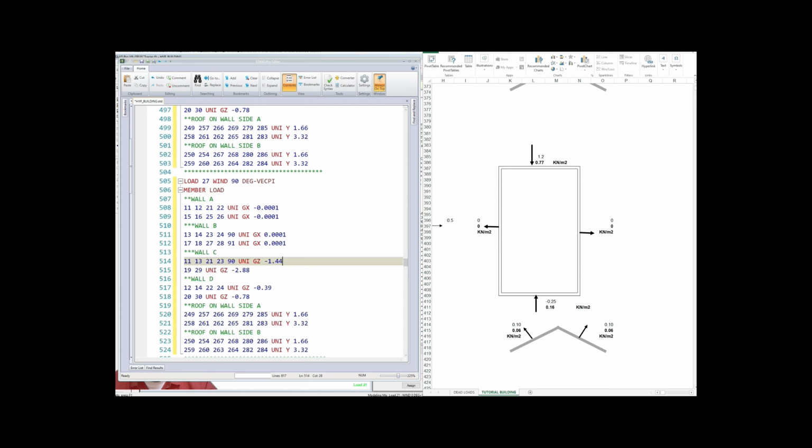Then on wall C, it is 0.77 in positive z direction. 0.77 into 3 meter is equal to 2.31. Then 0.77 into 6 meter is equal to 4.62.